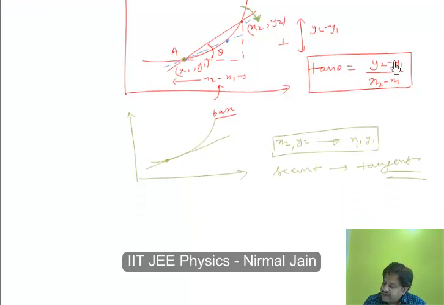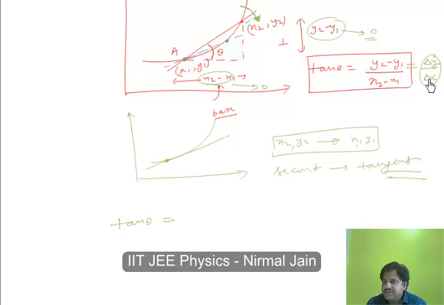So if I write this y2 minus y1 as delta y and this x2 minus x1 as delta x, then I can easily see that as soon as x2 minus x1 drops down to almost 0, y2 minus y1 also drops down to almost 0, that is, they become very small. Then tan theta will become, as delta y and delta x tend to 0, dy, which is a very small change in y, by dx, which is a very small change in x.